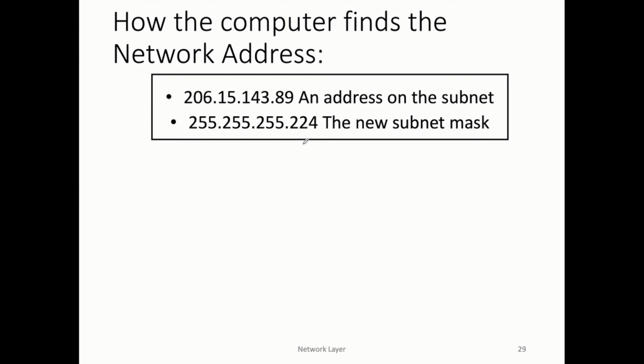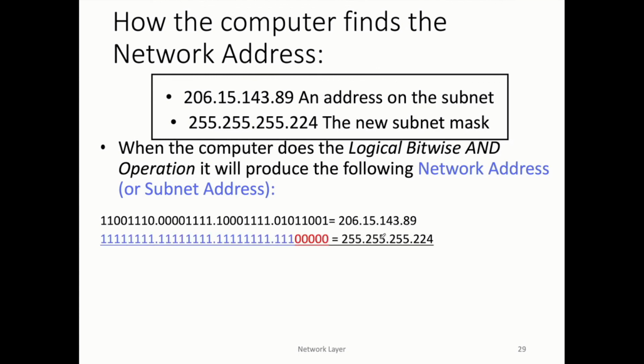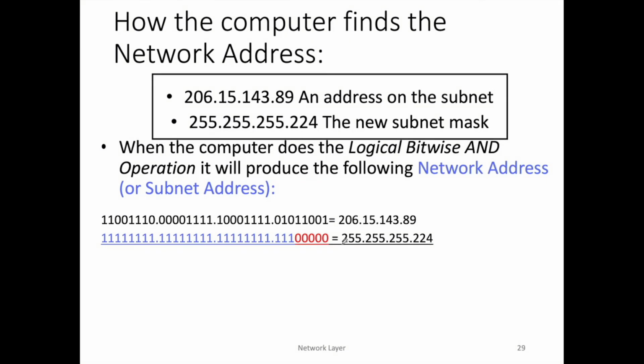So what we do is represent the destination address in binary. This is the binary representation of 206.15.143.89. We'll again represent the subnet mask in binary and do a logical AND here. Whatever the result is would be the subnet that this machine belongs to. If I do a logical AND, the result is 206.15.143.64.